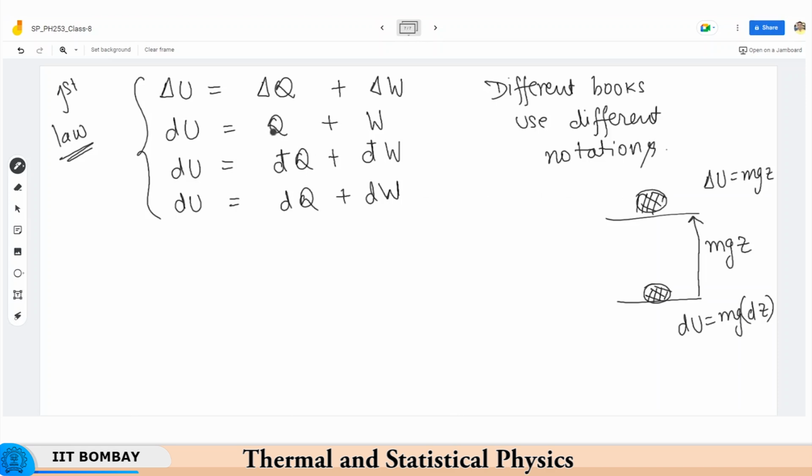Therefore, these Q and W are not really state variables. They are path dependent, protocol dependent, so they are not exact functions. It doesn't even make sense to define an exact differential corresponding to these two quantities. So some books don't put any d in front of it, because it's absurd to define a differential of work or differential of heat. Or some books put a cross on the d, just to remind you that this is not an exact differential.